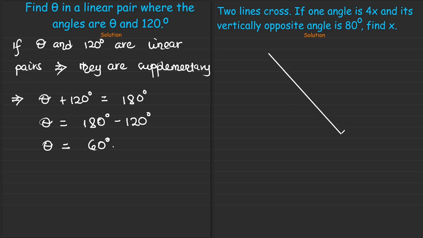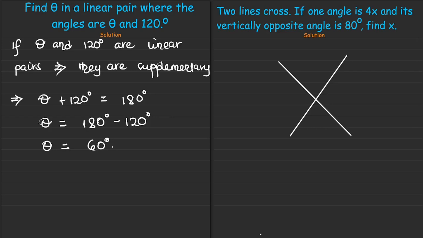So I'm going to visualize and draw these two lines. It says one of the angles is 4x, so we put our 4x here, and the 80 degrees is also going to be here. So these are the two angles that were given in the question.